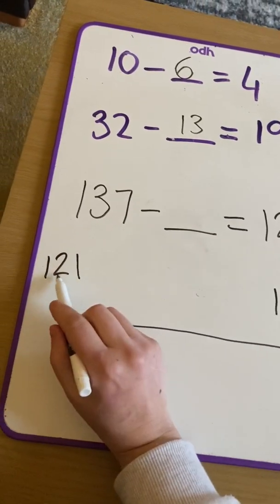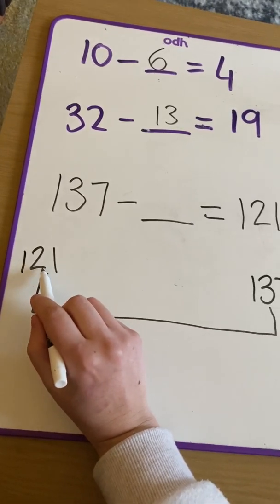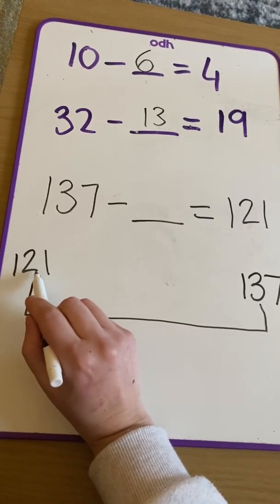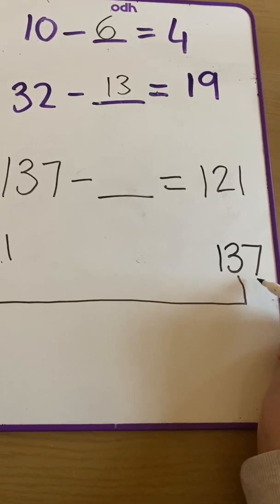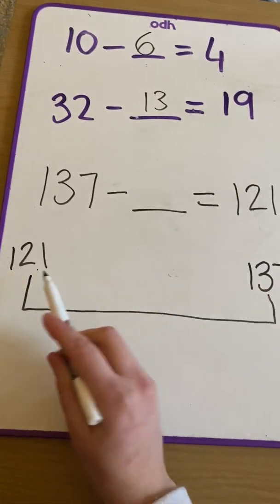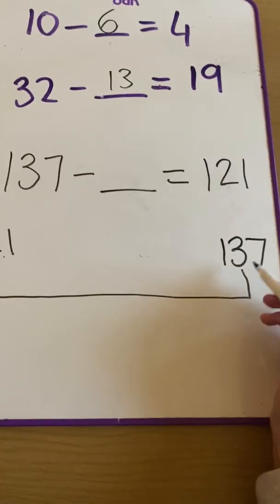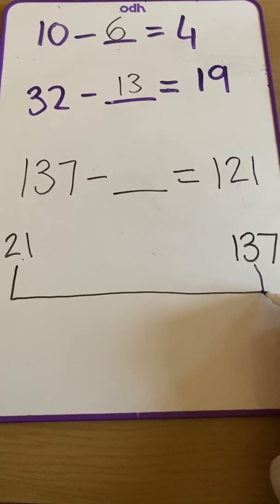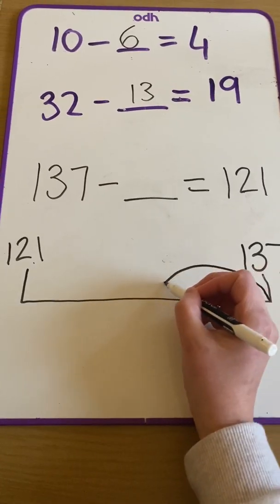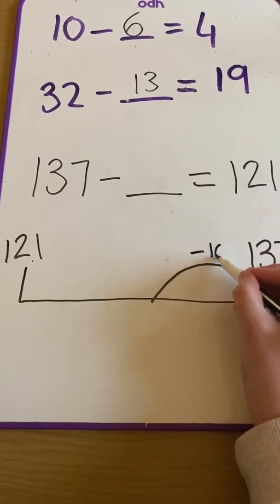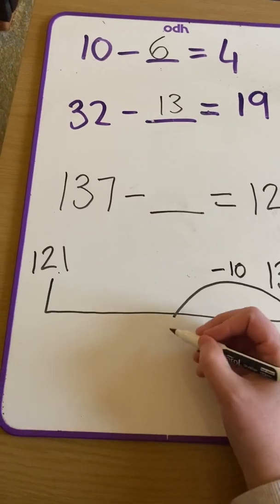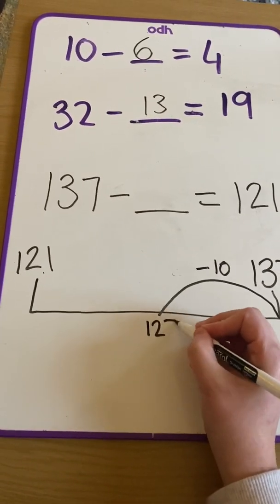Now I know 121, if I was to add 10 onto that, I get to 131. So if I'm at 137 and I take away 10, I'm still going to end up with a number that's bigger than 121. So I can do one big jump here, 137, take away 10, and I end up with 127.